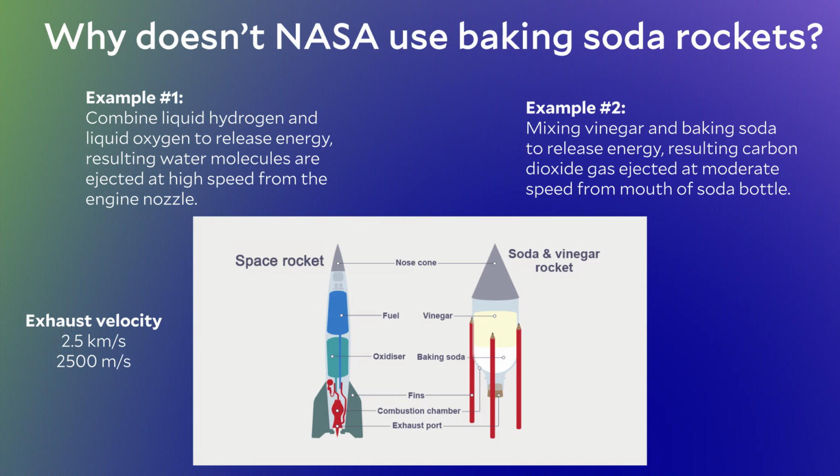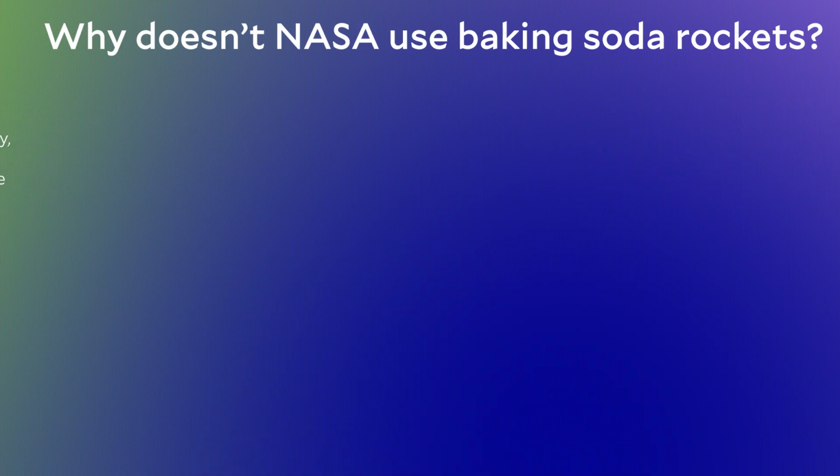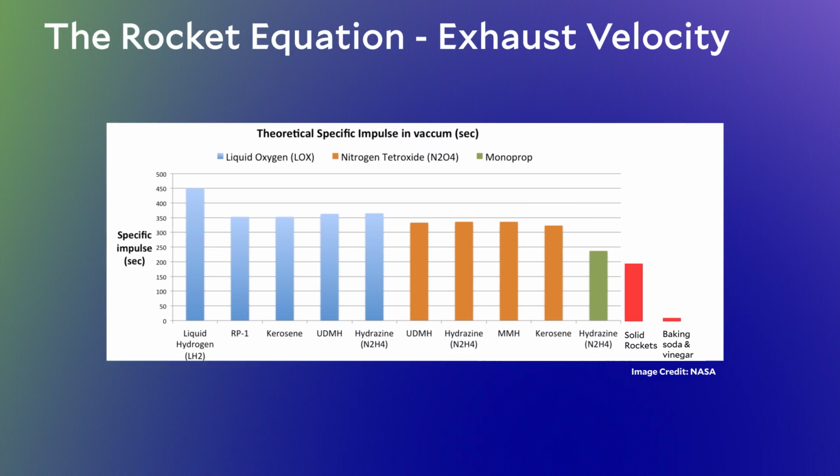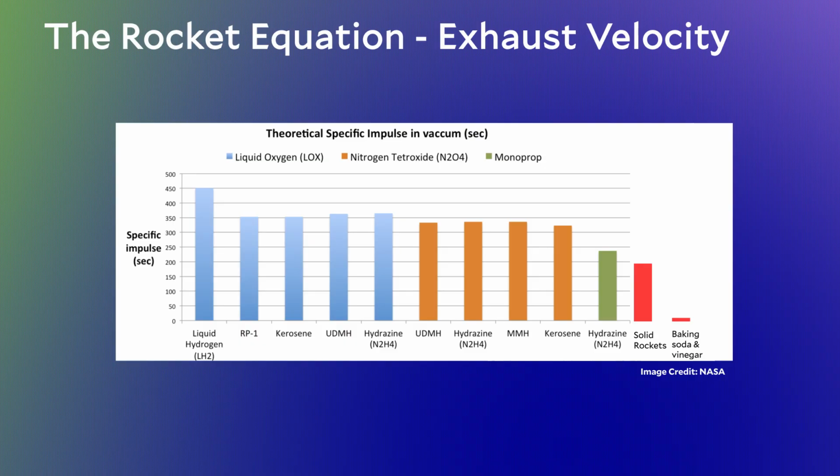The chemical reaction between baking soda and vinegar creates an exhaust velocity of 0.015 kilometers a second, so 15 meters a second. And if I go back to that exhaust velocity table, baking soda and vinegar is way, way down there. This exhaust velocity is never going to be enough to get us into orbit, no matter what that weight ratio is. And that's the rocket equation.